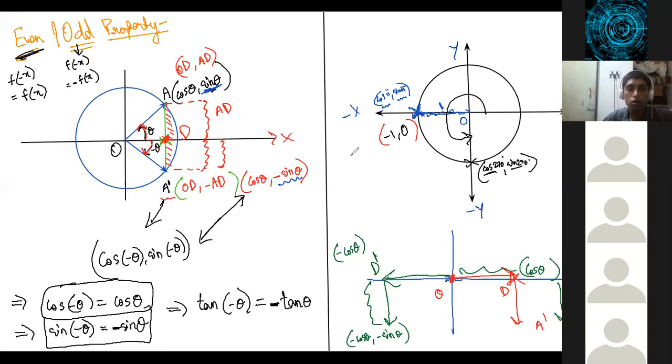If I didn't, then note it down. It's very important. Even function means f of minus x will be equal to f of x. Odd function means f of minus x will be minus of f of x. So using this, we can tell who is even, who is odd. So is cos theta an even function or an odd function?